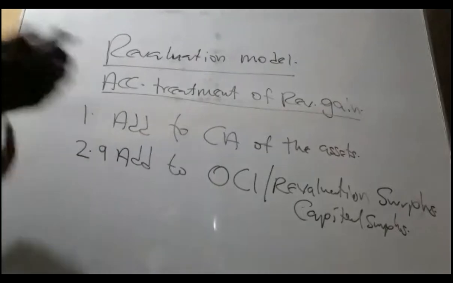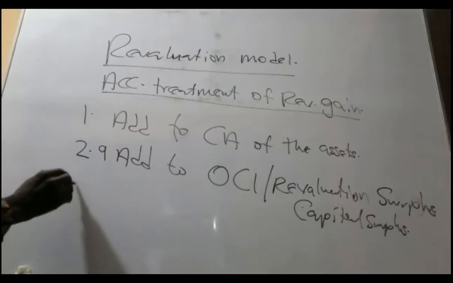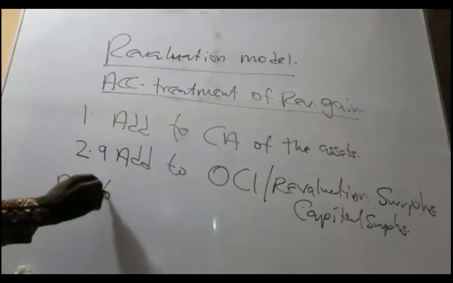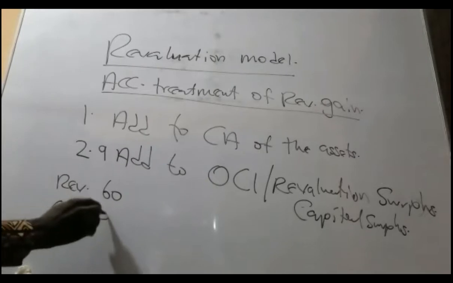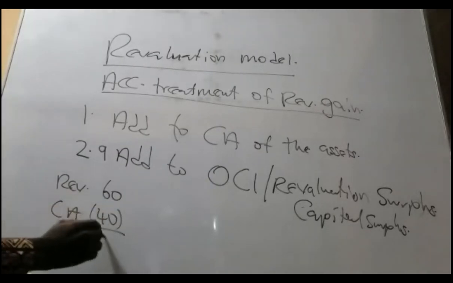So let's recall last week's example. If I do remember, the revalued amount was 60, and the current amount was 40. So there was a revaluation gain of 20.